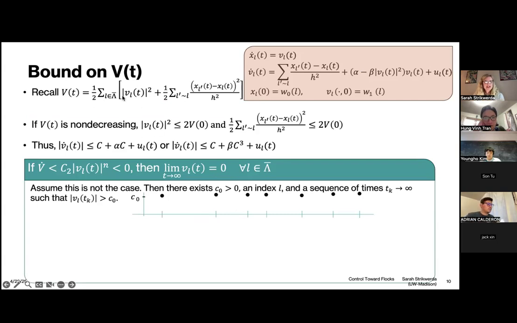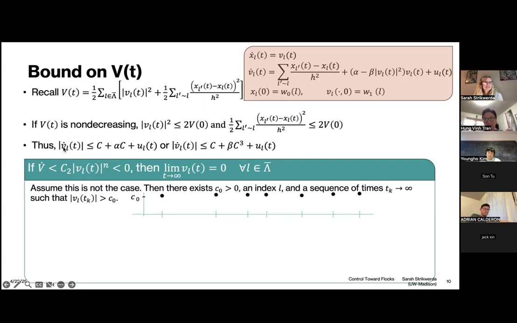So this is the V of t. And if V of t is non-increasing, then that means that the VL squared should be less than or equal to 2 times the original capital V. And this other term should also be less than or equal to 2 times that original V. That's just based on this expression that we have right here.